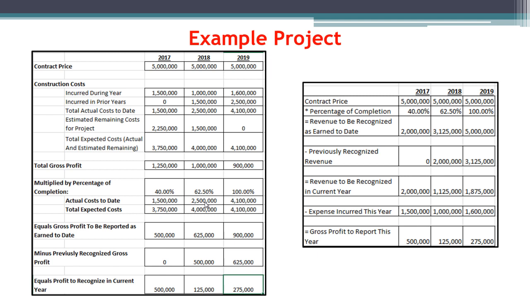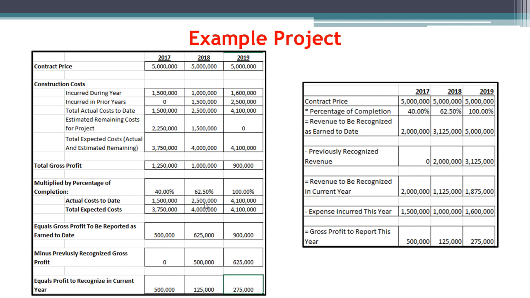But let's go to year 2. Actual cost to date, it's not just the $1 million we incurred this year, it's also the $1.5 million we incurred in the previous years. So it's a total of $2.5 million that we've actually incurred. And at that point, because we thought there was still $1.5 million left in the last year, we thought the total costs were going to be $4 million.